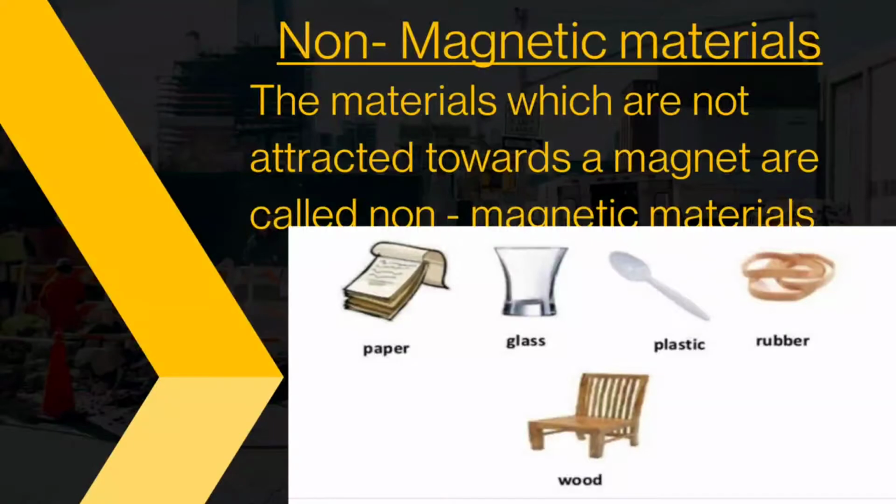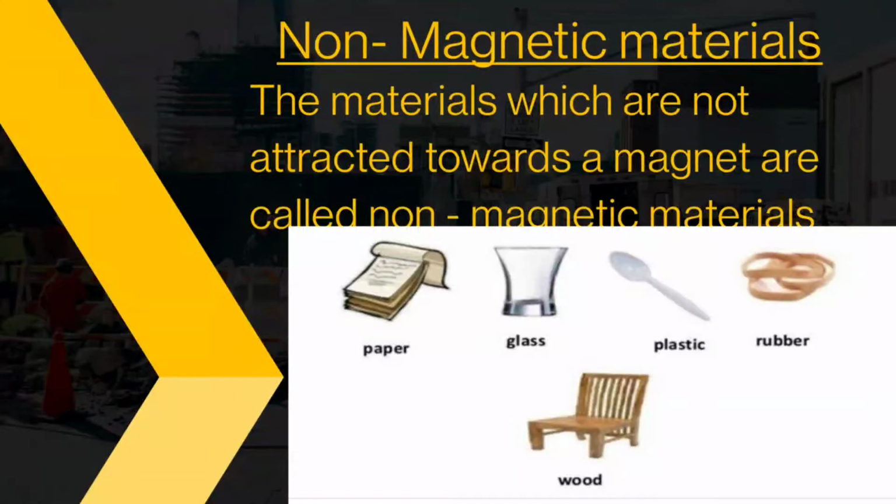For example, paper, glass, plastic, rubber and wood are all non-magnetic materials, meaning they are not attracted towards a magnet. By knowing these two, you can easily differentiate between magnetic and non-magnetic materials. So write the difference between magnetic material and non-magnetic material.